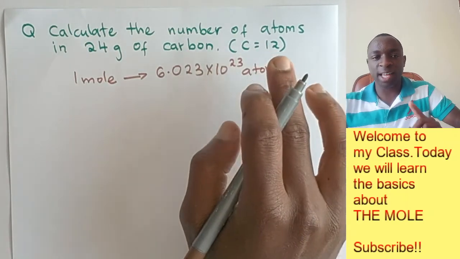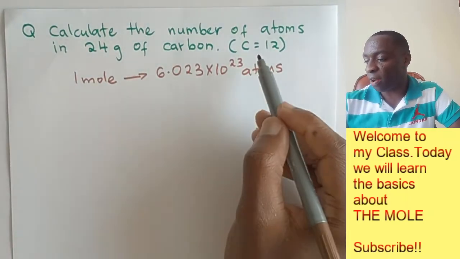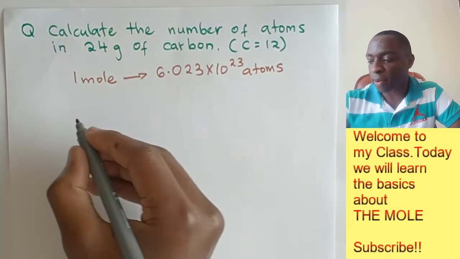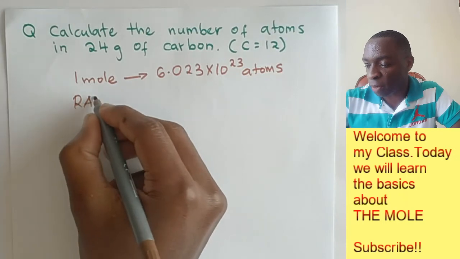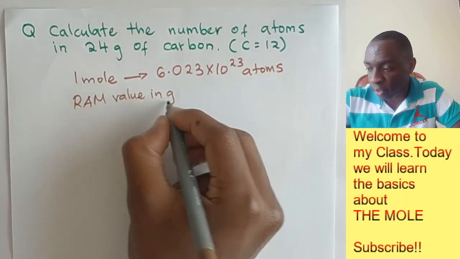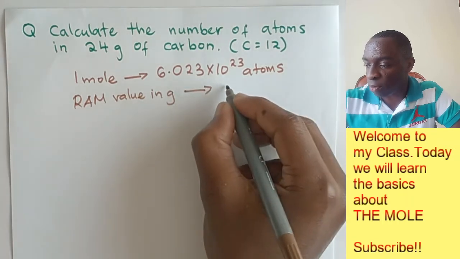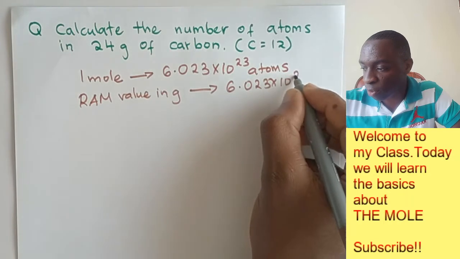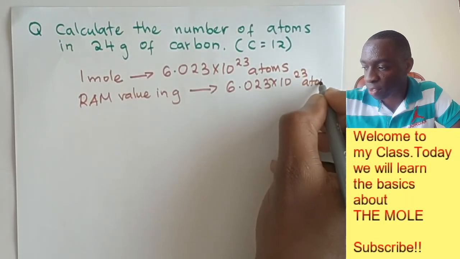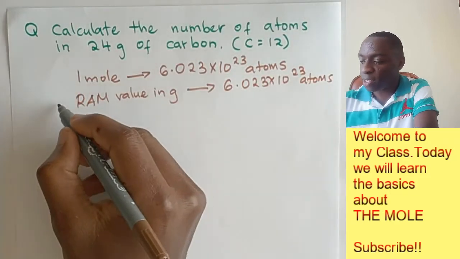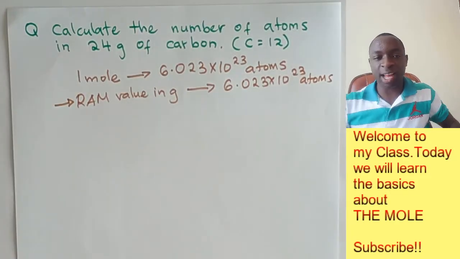Now since that is what we have, we can now calculate using the relative atomic mass. And remember that the relative atomic mass value in grams is also equivalent to the 6.023 multiplied by 10 to the power of 23 atoms. So now this second statement is the one that you're going to use for this calculation.